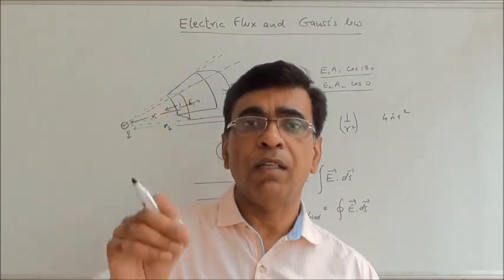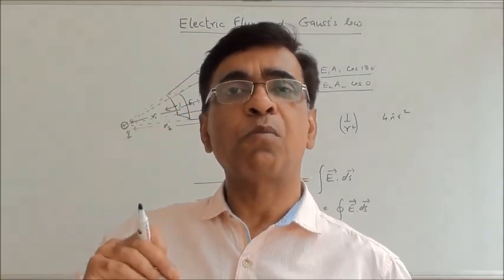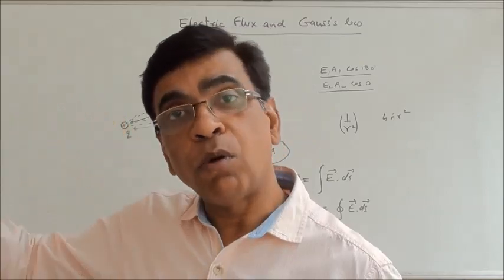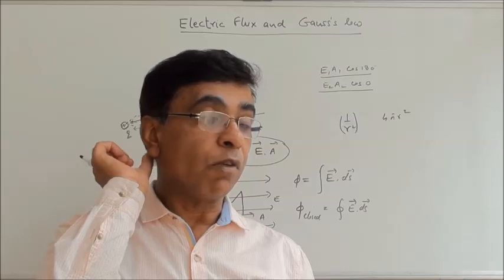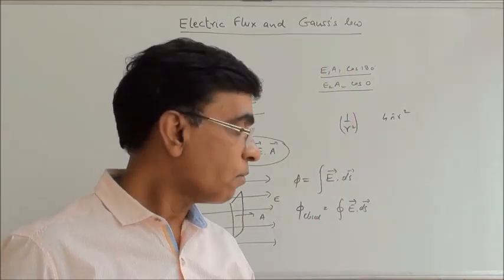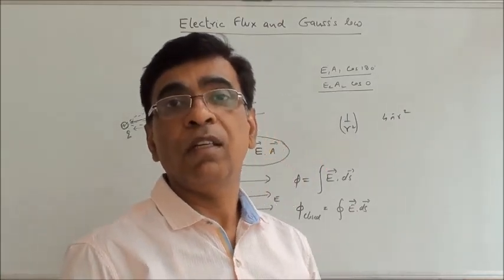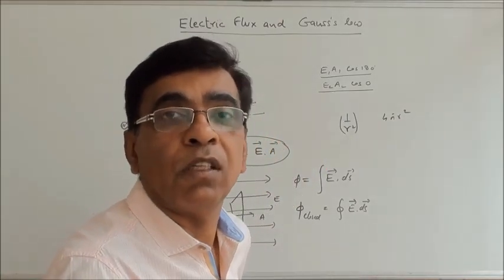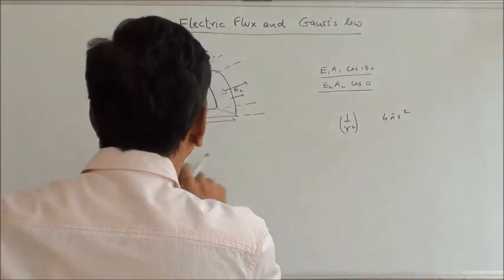We can divide that shell or the wire into very small parts, calculate the electric field due to that, and then integrate it. This will be one approach. Another approach will be Gauss's law. It helps us to calculate the electric field due to different types of charge configurations, and especially when there is symmetry.